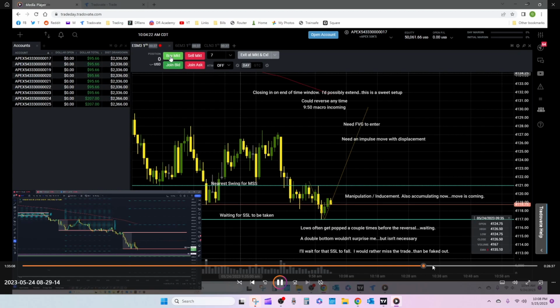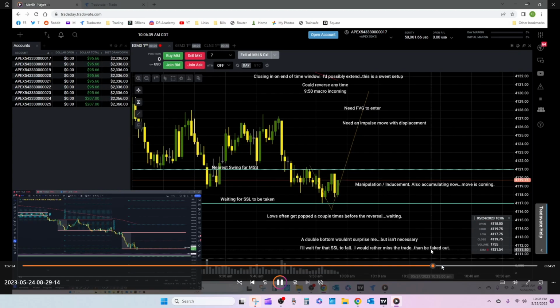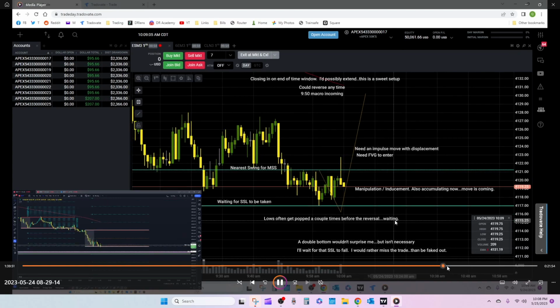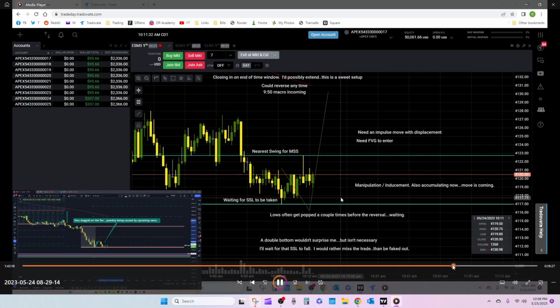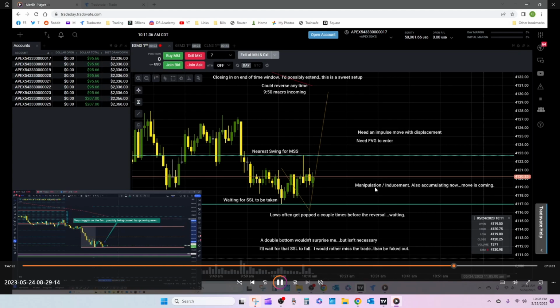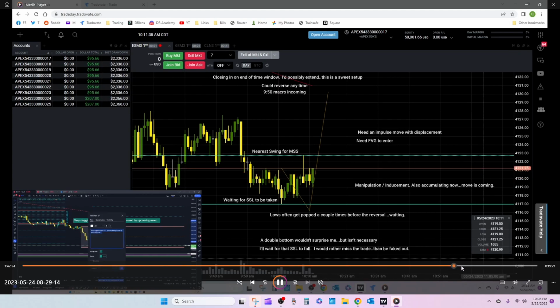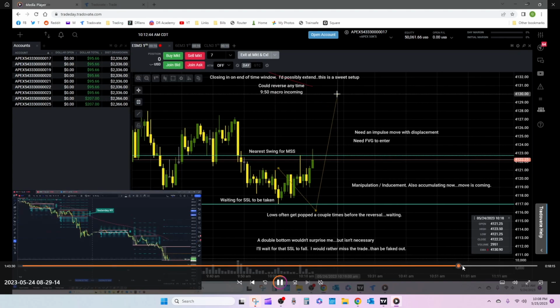Okay, so nothing's really changed. Still just waiting. We get our second double bottom here. You'll know the trade's coming when I get rid of all the text. Okay, so here's a possible opportunity right here.